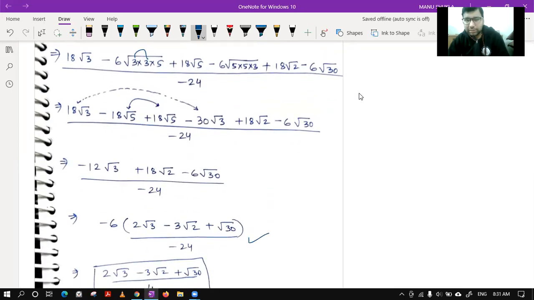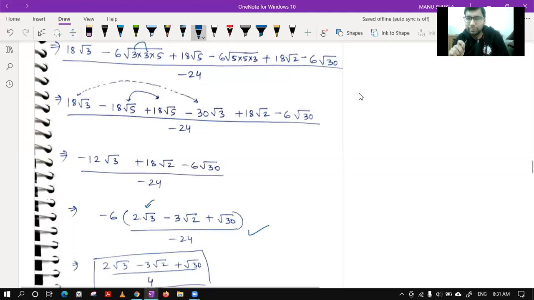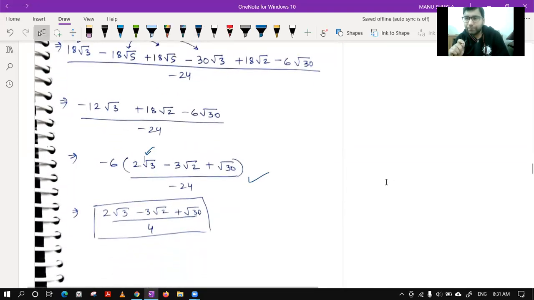In the book, I think this root 30 is also negative, or I think this one is negative, but I guess my calculation is correct. Still, if you see there is any mistake in the calculation, you can tell me. Okay, this answer I think is correct, but still if you find a different answer, you can recheck my steps and let me know where I have made the mistake.